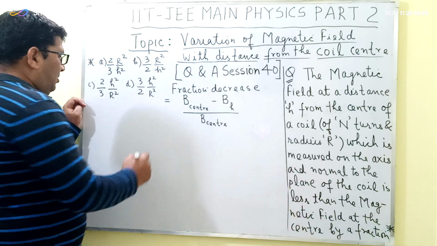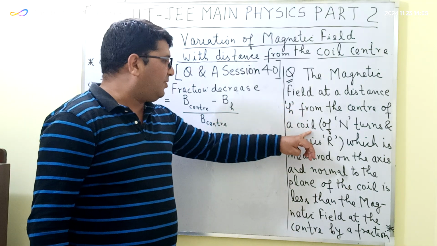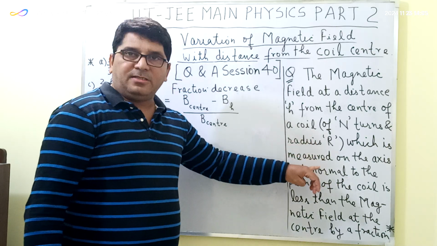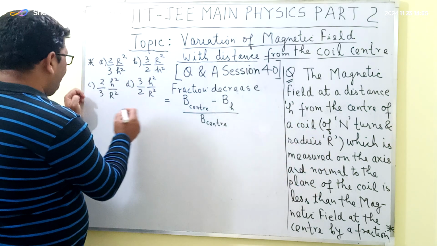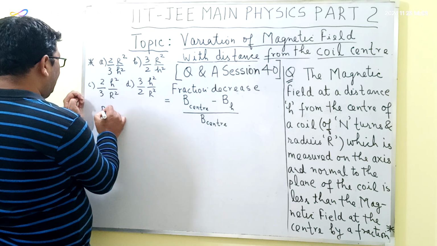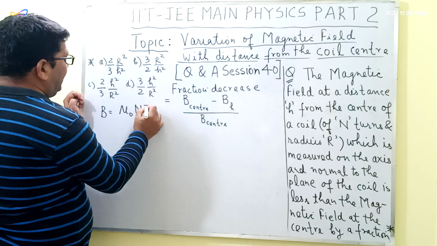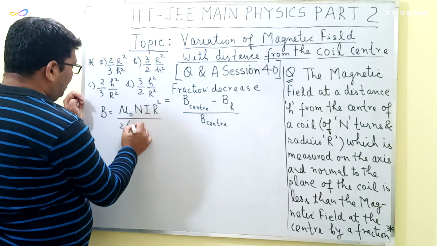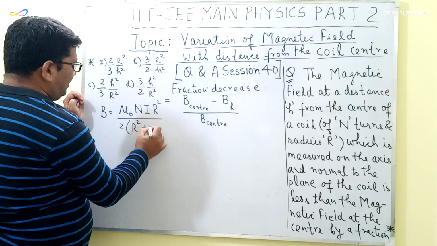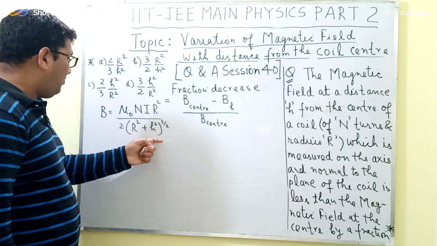So now we know that the magnetic field at a distance h from the center of a coil on the axial line is given by B is equal to mu naught N I r square divided by 2 into bracket r square plus h square to the power 3 by 2.